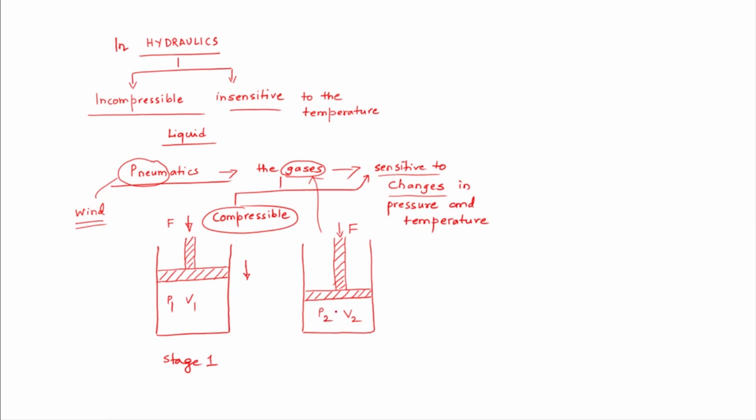So as per the law of conservation of energy, we can write here P1 V1 is equal to P2 V2, provided temperature of the system is constant. So here we are considering that the temperature is not going to change during this operation.